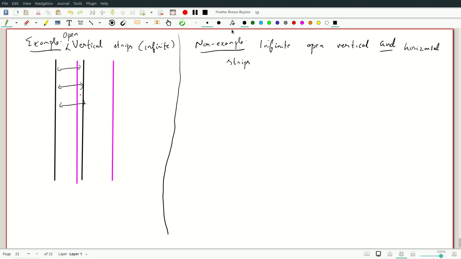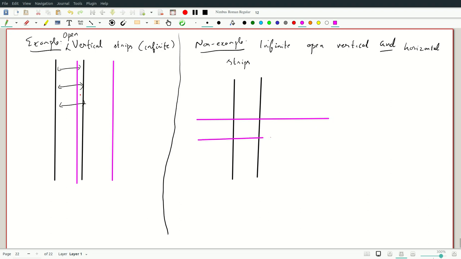And then the reason for this is clear, because if I take a vertical strip here, which is going to be black as before, and I take a horizontal strip, okay, these two were not quite parallel, but let's pretend they are, and I take a red point, which is not a strip but a point here.